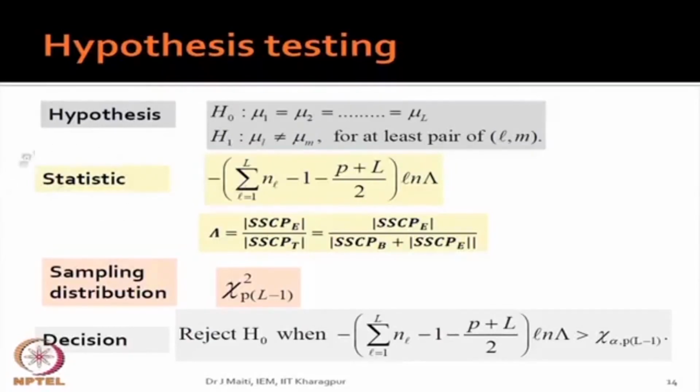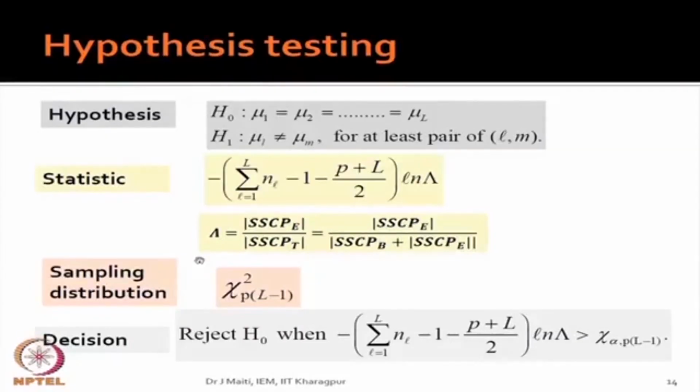You will use a statistic: minus within bracket, sum over l equal to 1 to L of n_l, that is capital N minus 1 minus (p plus L) by 2, times log lambda. You know how to compute lambda. Then this statistic follows a chi-square distribution with p into (L minus 1) degrees of freedom.